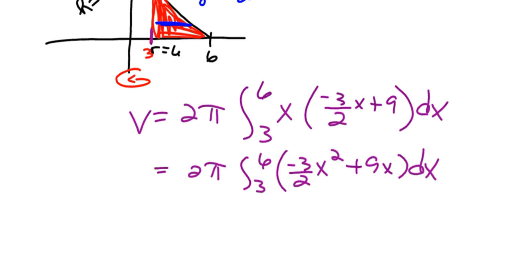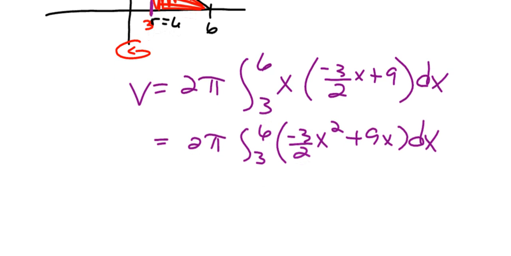Now, it does make things much harder and messier, so I'm going to simplify this equation before I find the antiderivative of it. I'll do this in 2 steps. I'm going to factor out 1/2. If I factor out a 1/2, I technically will have this.